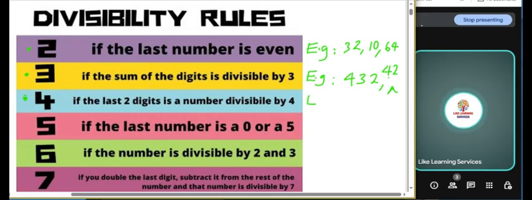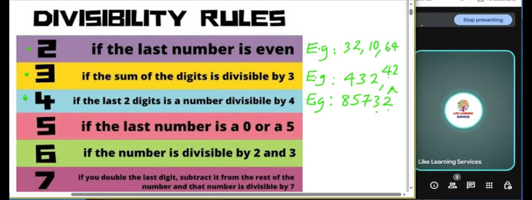For instance, 85732 is divisible by 4, because 32 is divisible by 4, and 4 goes into 100. So it's the last two digits that matter.